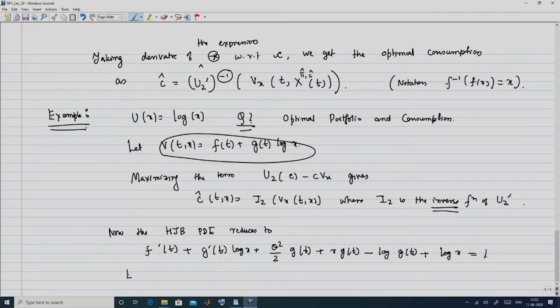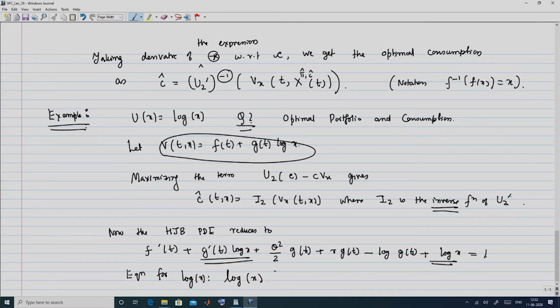So, the equation for g(t) will then be what? It is actually the equation for log of x, that means this term and this term.